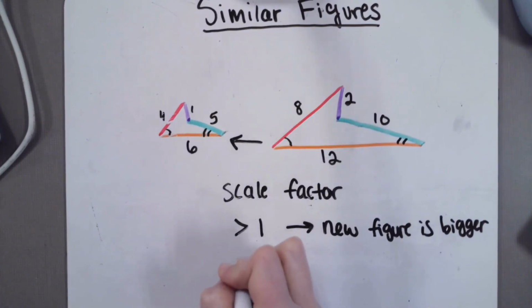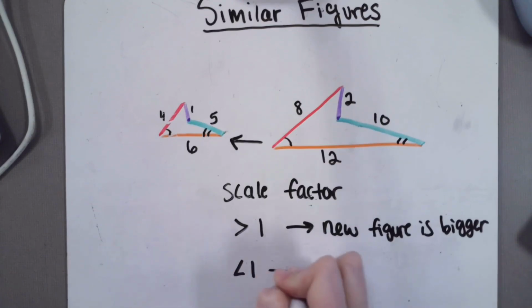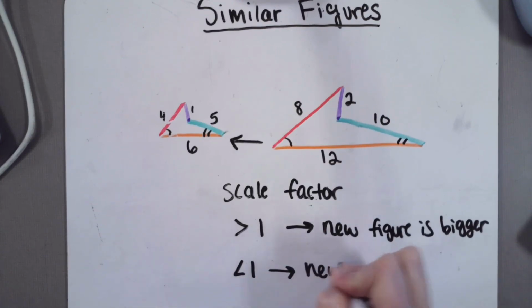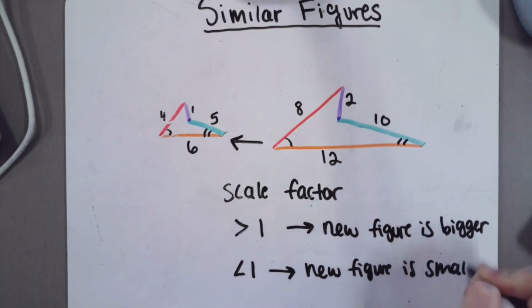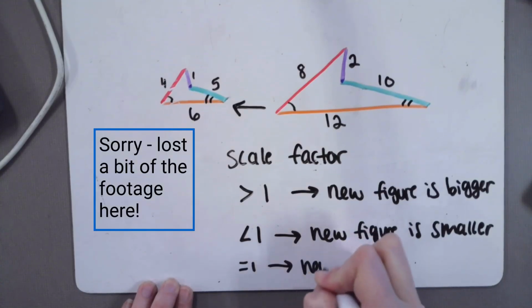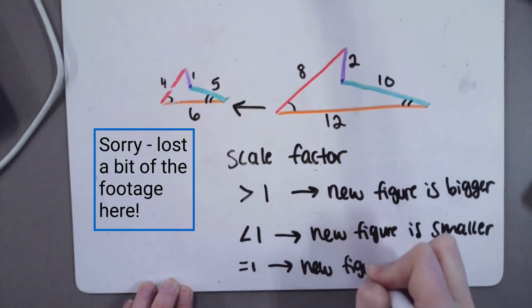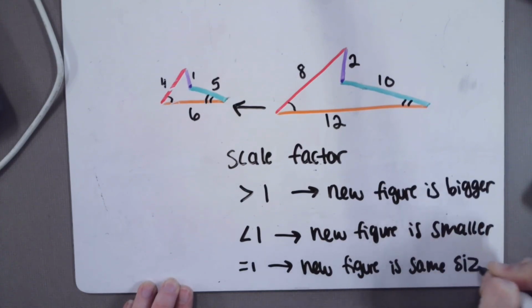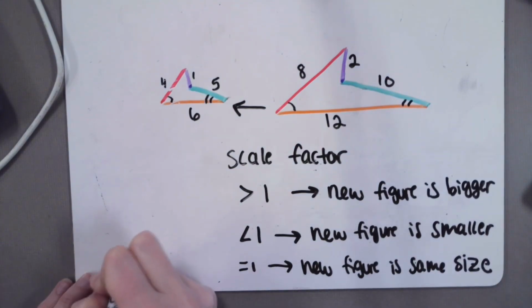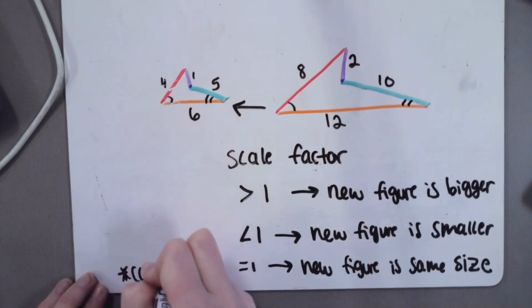So if you have a scale factor that is less than 1, then that will create a new figure that is smaller. And if the scale factor is 1, that will create a new figure that is the same size. So in essence, this will create congruent figures.